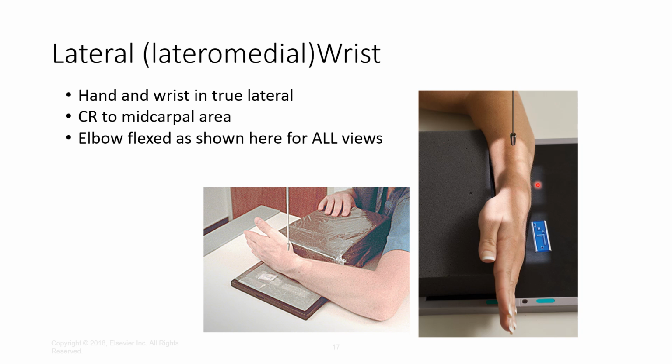So it's a lateromedial lateral. This typically is the 90-degree angle from the PA, and this can demonstrate any fractures or dislocations of distal radius and ulna. Specifically any anterior fragment displacement for a Barton's fracture, a Colles fracture, or a Smith fracture.